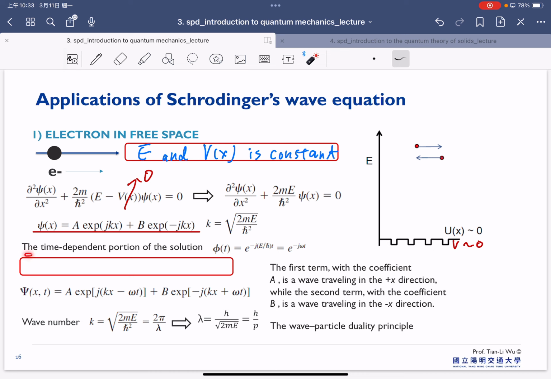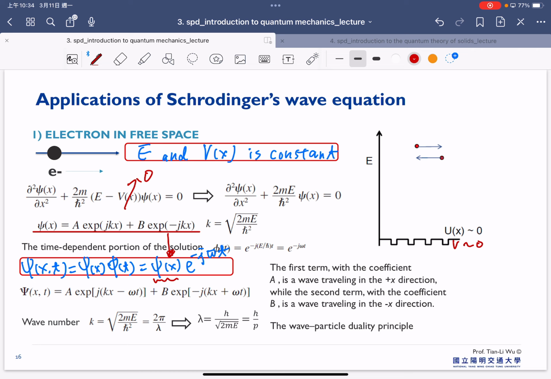And since this is time dependent, we can also rewrite the phi t equal to this one, and therefore the phi x, the wave equation, considering the space and time, can be considered as a space wave equation times the t here, and that will be equal to phi x exponential minus j omega t, where this is equal to here.